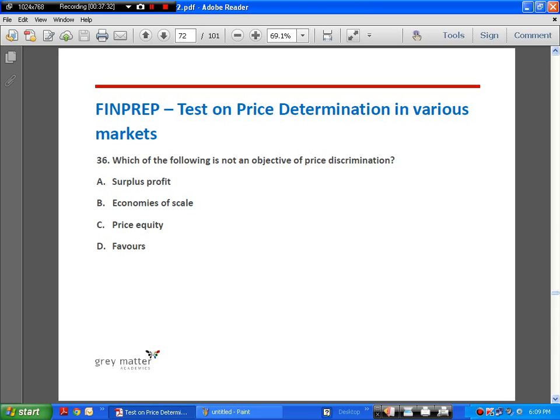It is followed in order to make surplus profit. It is followed in order to compensate for economies of scale. It is also followed in order to follow price equity. So therefore the right answer is option D, favors.